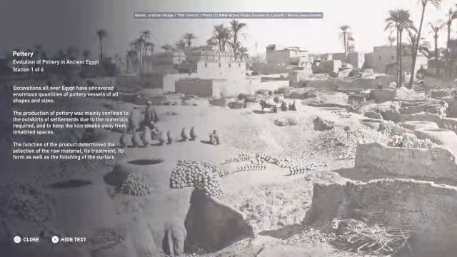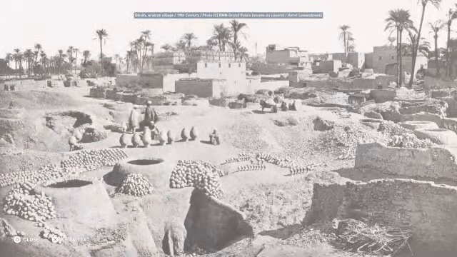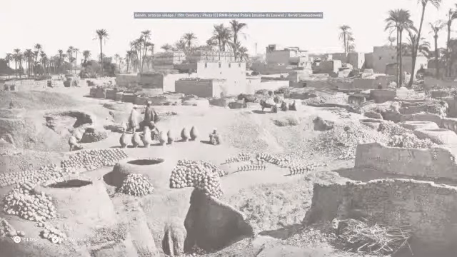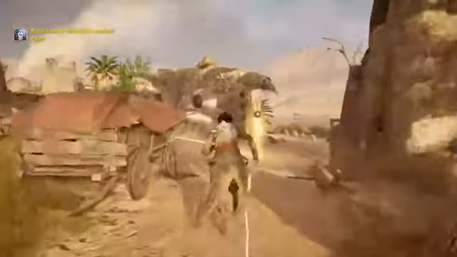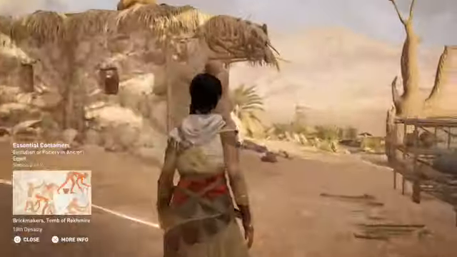As far as that goes, 19th century photo credit goes to RMN Grand Palais, Hervé Landowski. Yep, there we go. And yeah, so I will look into that more on that subject.